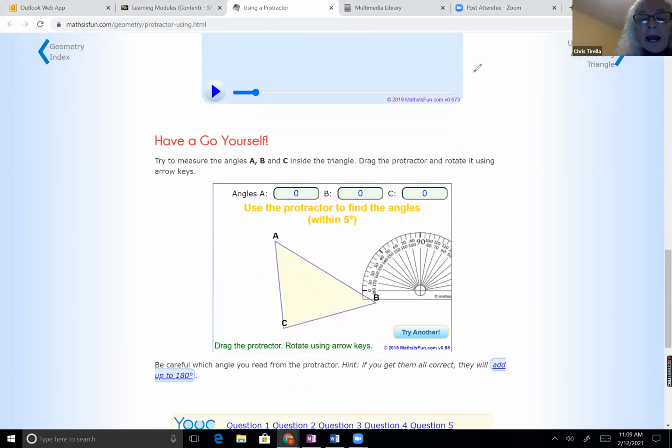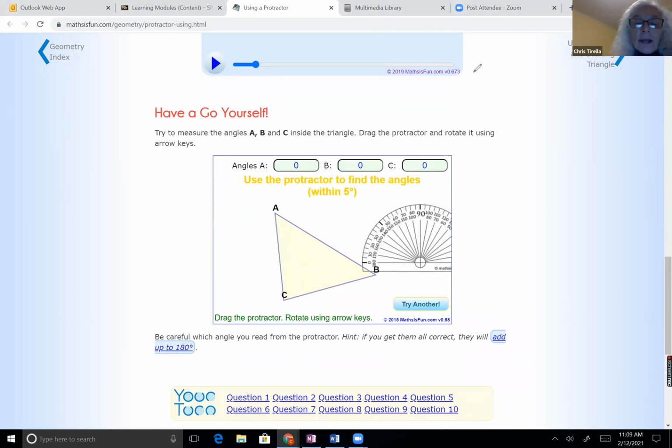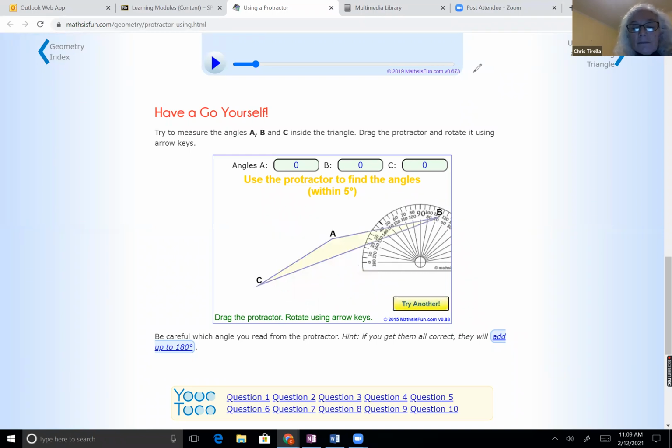Let's say I'm going down here and I want to find the measures of these angles. Of course, now none of them are going to be user friendly because this computer doesn't have the arrow buttons for me to rotate it. And when, yeah, this one does.